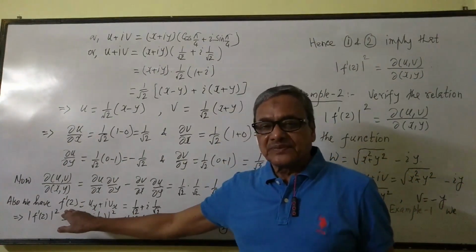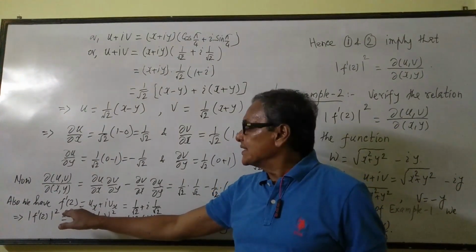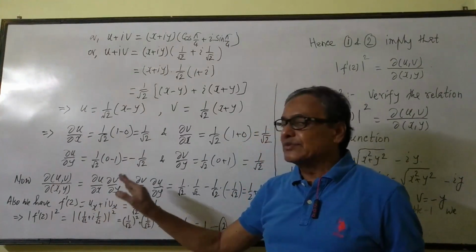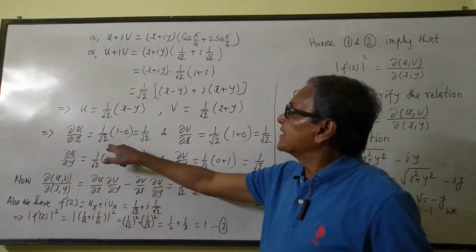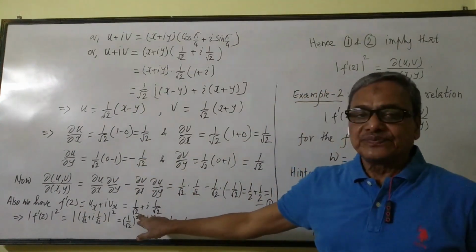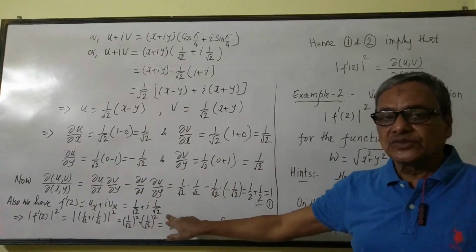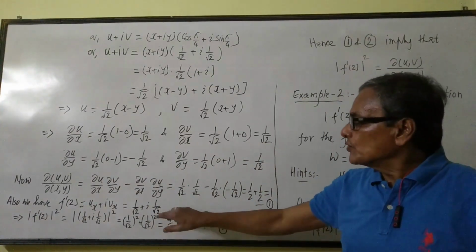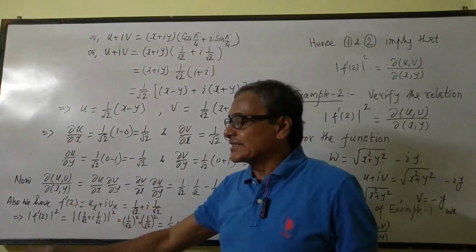Now we have f dash z by definition. F dash z is equal to u x plus i times v x, that is del u del x, which is 1 by root 2, plus i times del v del x, which is also 1 by root 2. Now we are going to take the square of the modulus of these quantities.